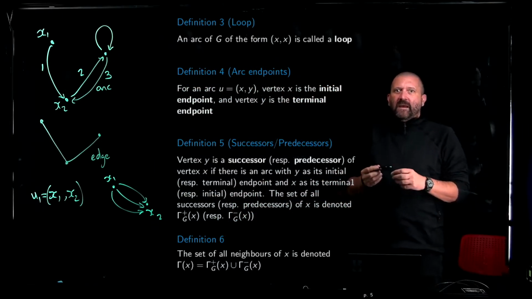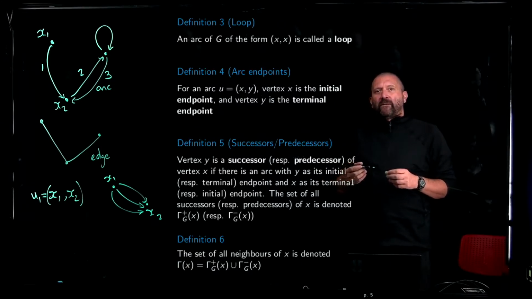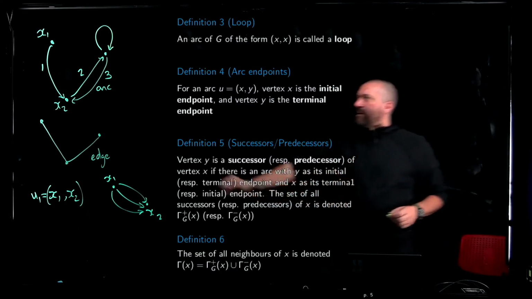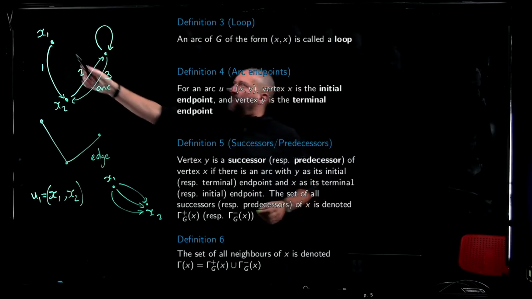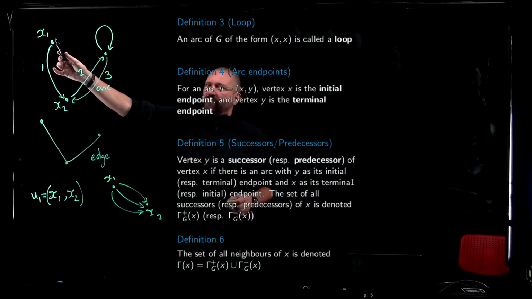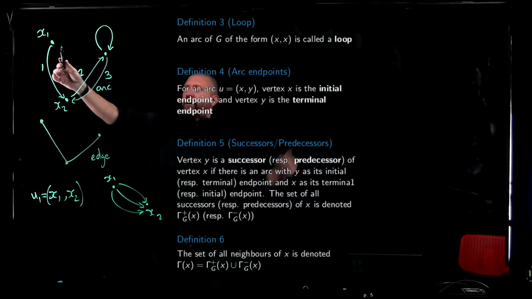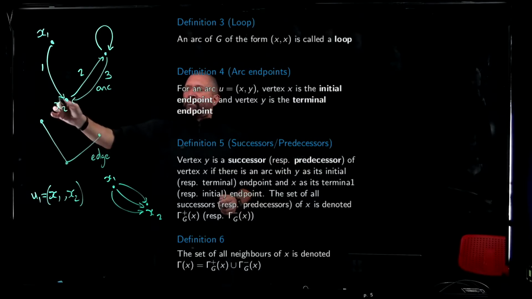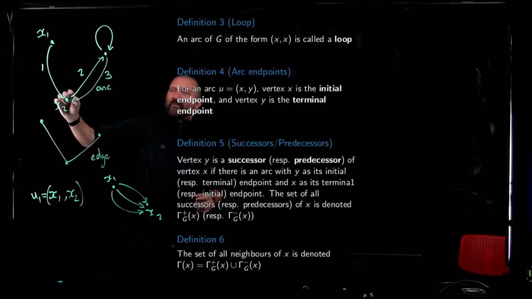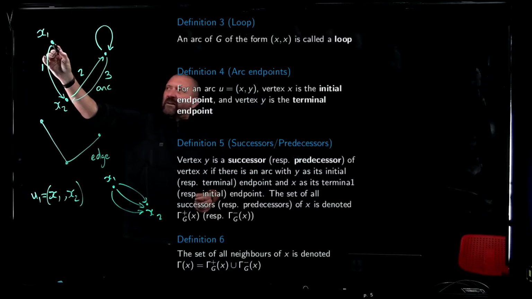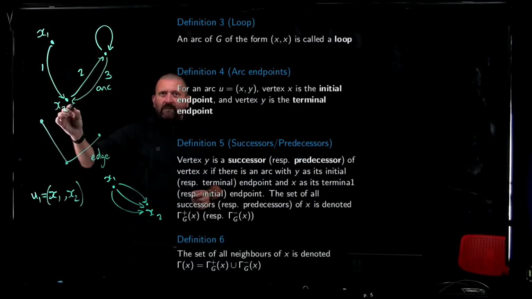Okay. And when we look at an arc, we can look at the initial vertex. So if I'm looking at this arc here, the initial vertex is the initial endpoint, and the terminal vertex is the terminal endpoint. Okay. And we say that this vertex is a successor of this vertex if I have an arc that way.